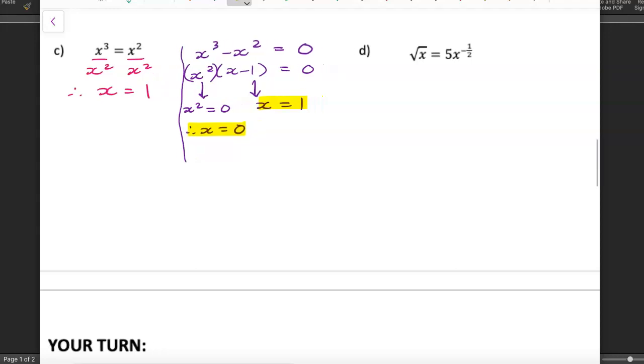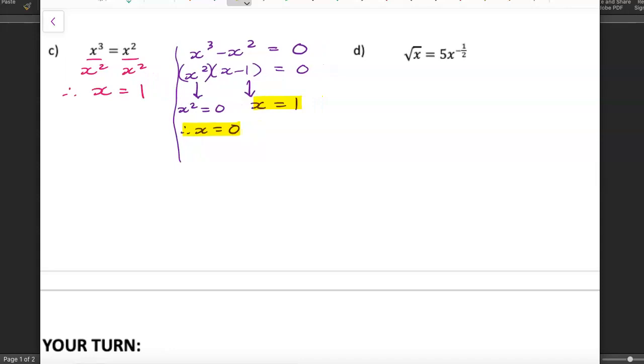So in our last example, we've got the square root of x equals 5 times x to the negative a half. In this situation, we can see that we've got x to the half equals 5 over x to the half, if you like. There are 2 options that we can take here.